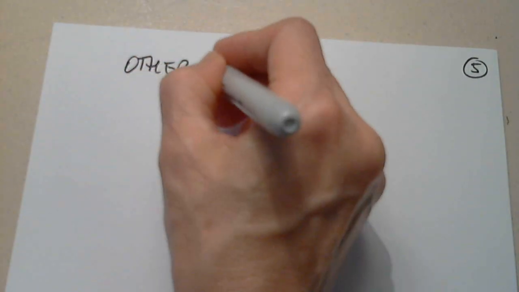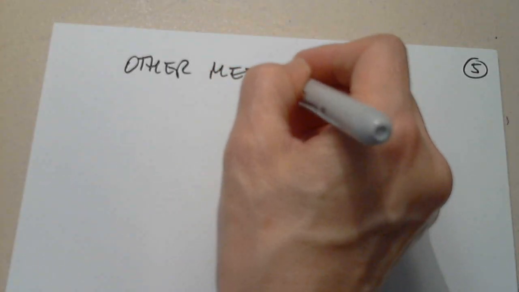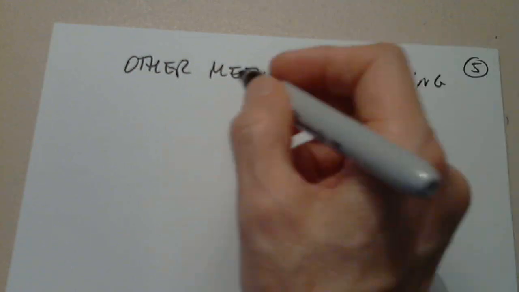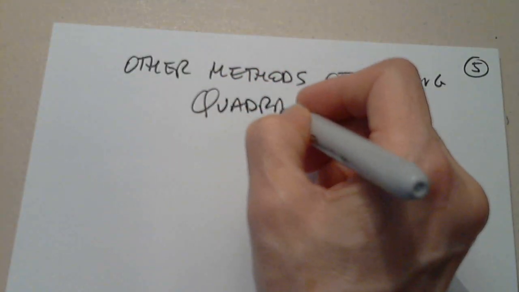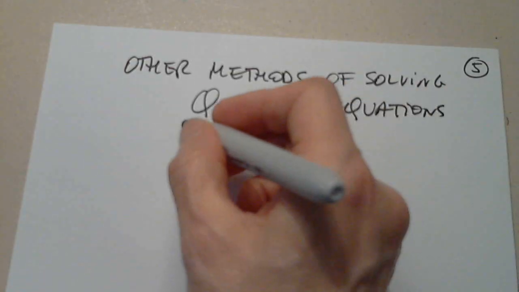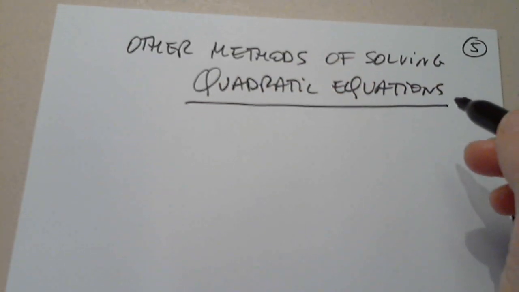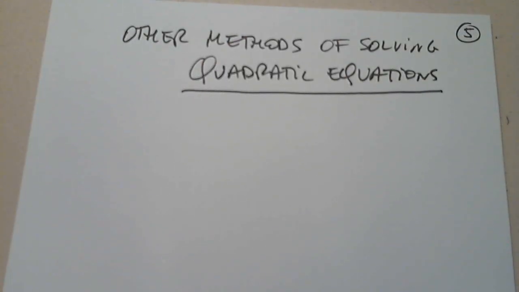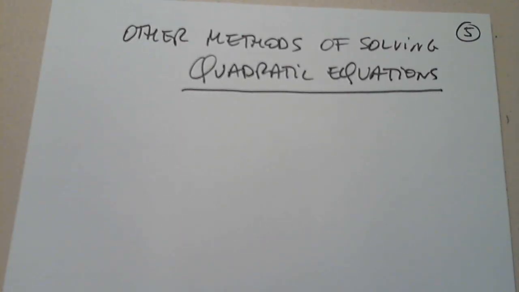So, other methods of solving quadratic equations. What do I mean by other? Which one do we know already? Anybody remembers? Which method we already know? And we studied and we studied and we studied of solving quadratic equations.